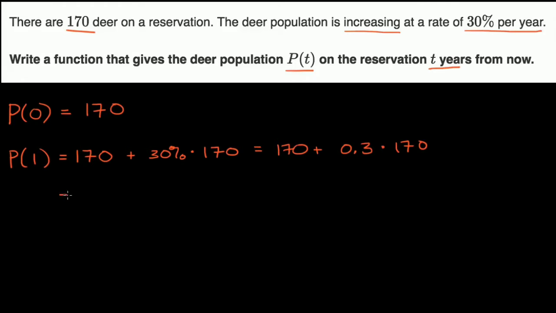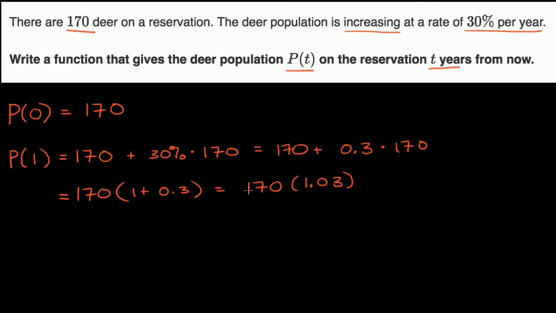So I could write this as 170 plus 0.3 times 170. 30% as a decimal is the same thing as 30 over 100 or 3 over 10.